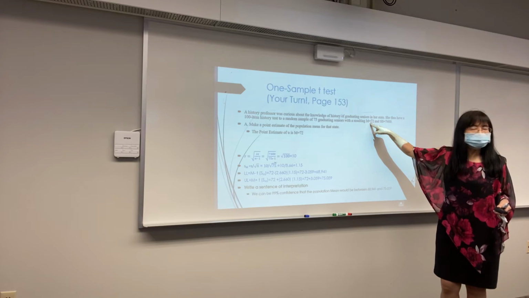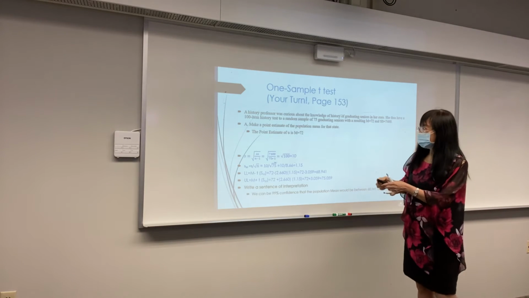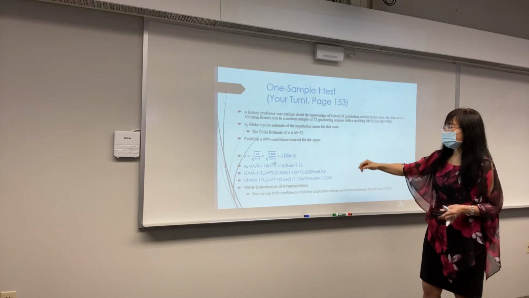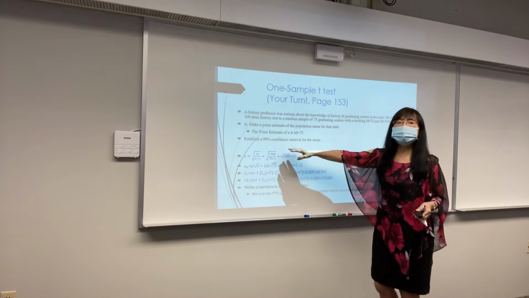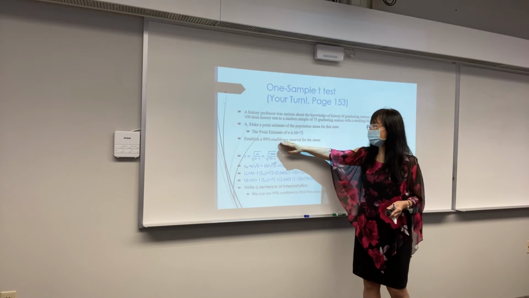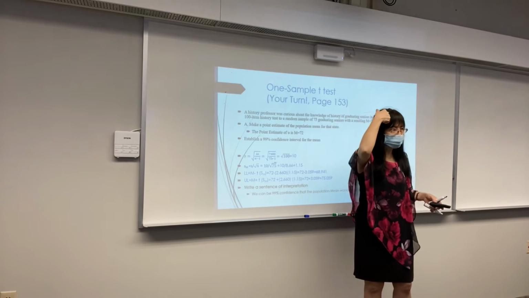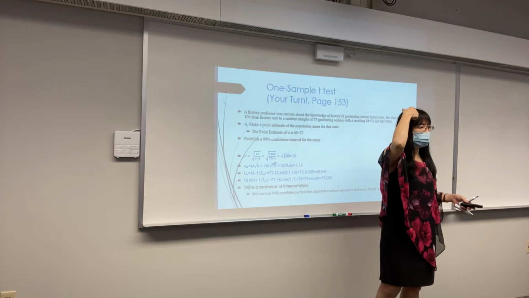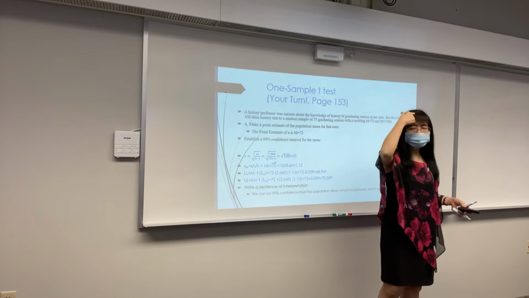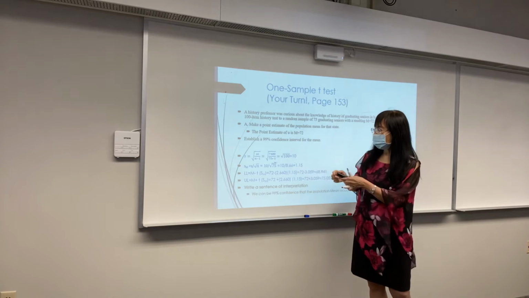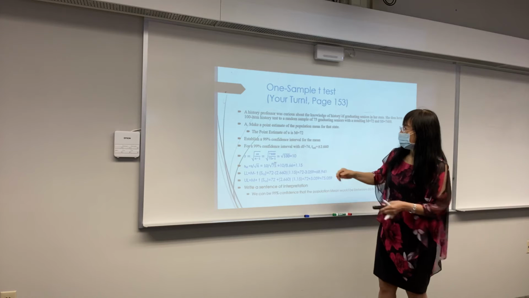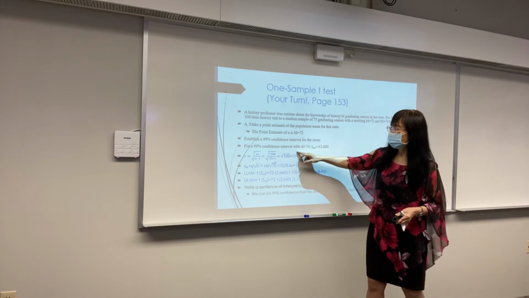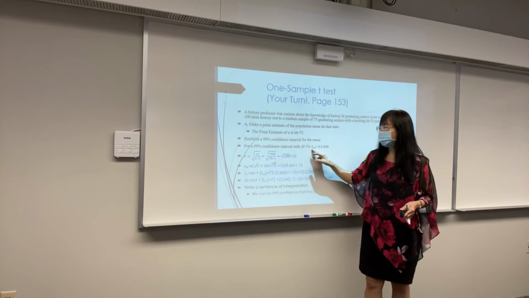Now after that, let's estimate the 99% confidence interval, so you already know it's alpha level 0.01. First of all, you should get your T critical out.